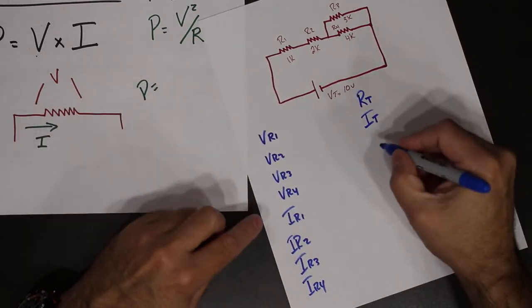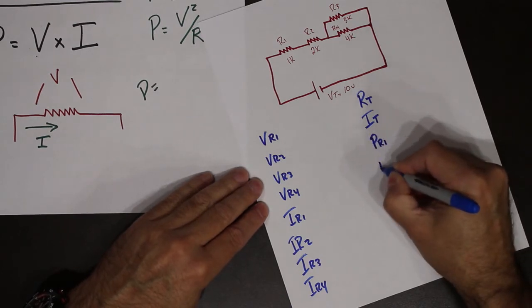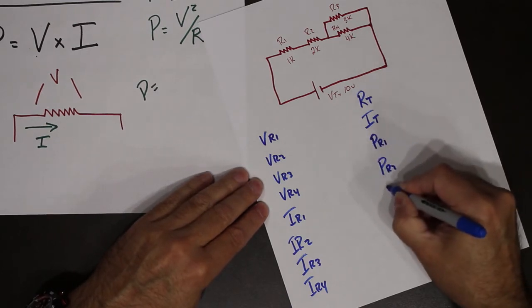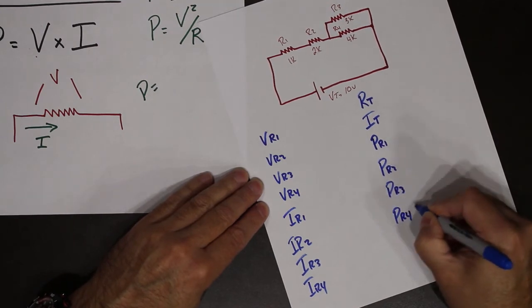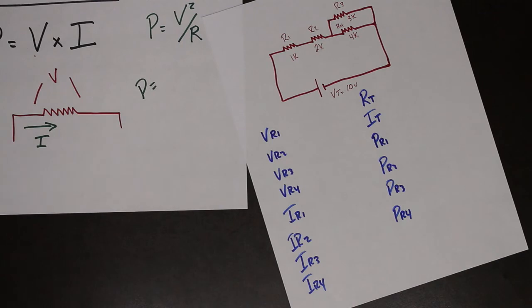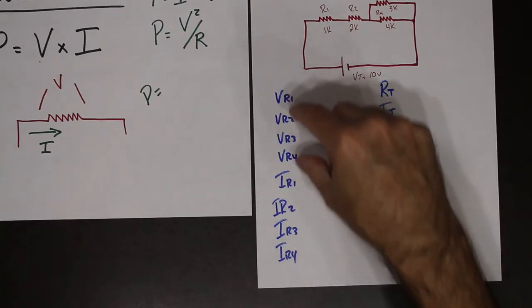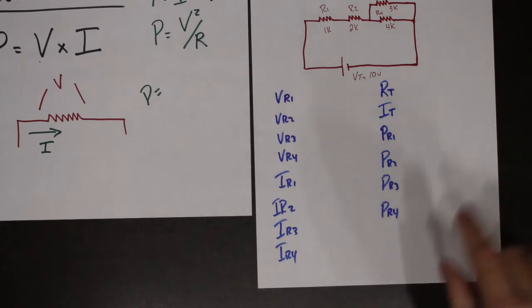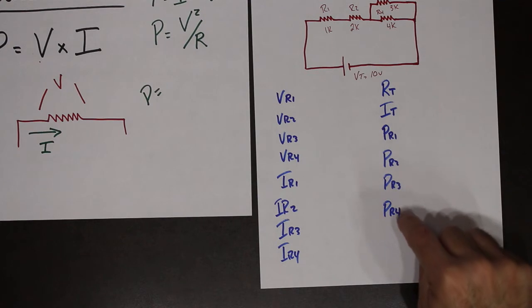Now we are going to look at PR1, PR2, PR3, and PR4. So now we have powers to calculate. Up until this point, we've been calculating voltages and currents and so forth, and now we've got individual powers.